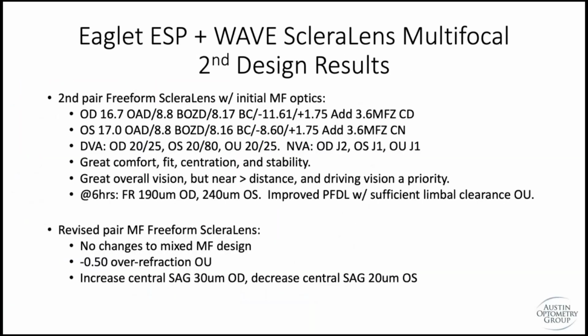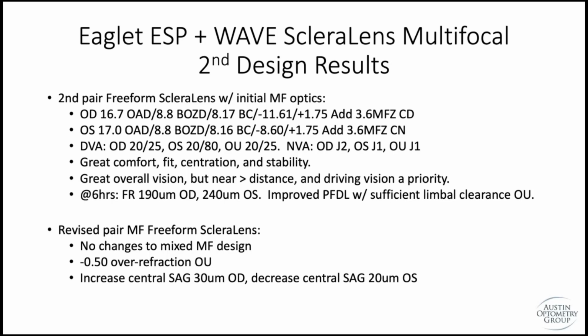The only thing I want to point out on this case is I was very happy with the results. We ended up at about 190 microns clearance on the right, which I'm happy with, and 240 microns clearance on the left after fully settling. But because I already had to make a third lens just to tinker with the over-refraction, I was curious how precise is the Wave software and how precise are the lathes that are cutting the lens?